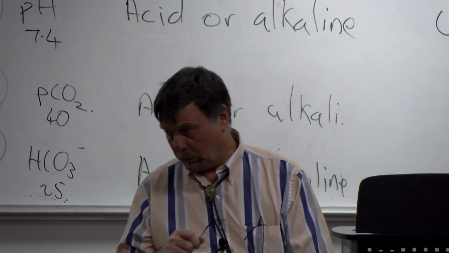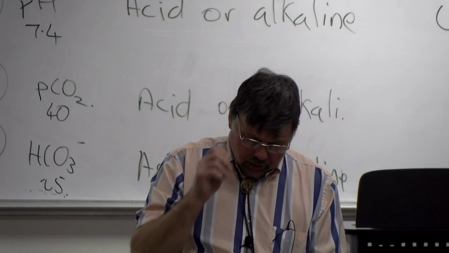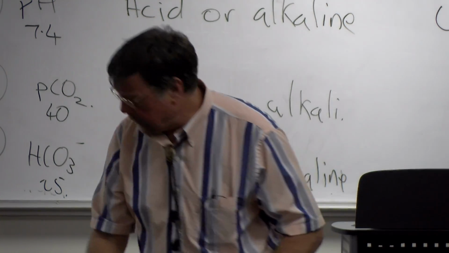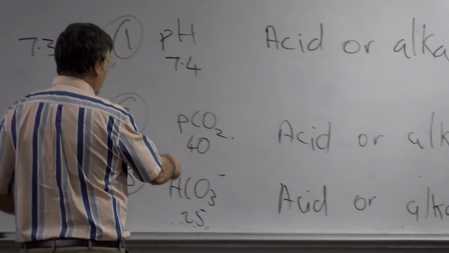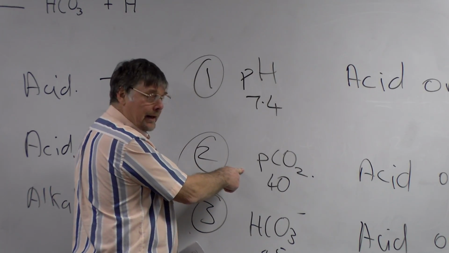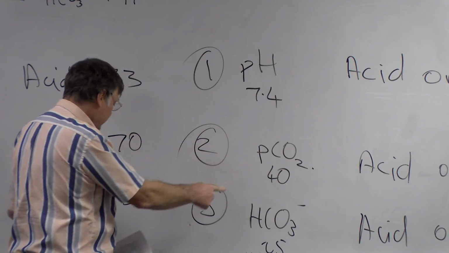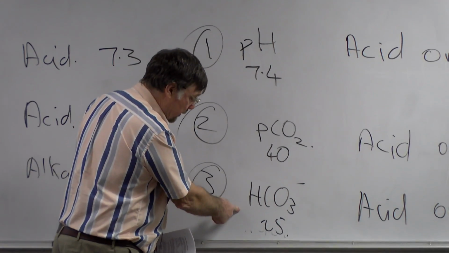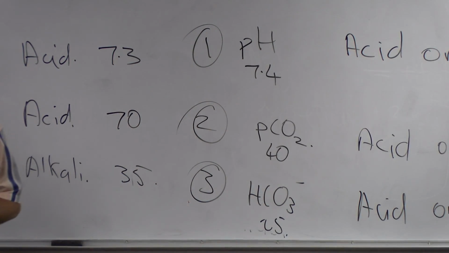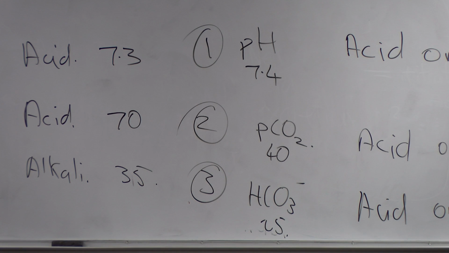We need to deal with this. Okay, well, can we do this sort of thing? PCO2 is 40, so it's not that, right? Bicarbonate is 9, so it looks like a metabolic acidosis, right? Everybody seeing that? Metabolic acidosis?